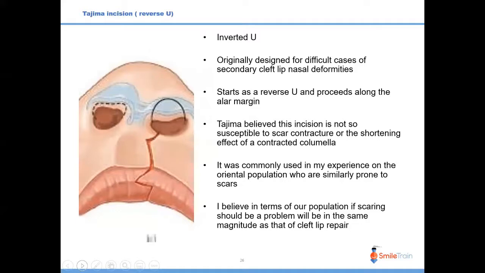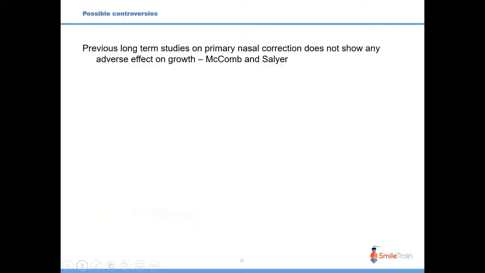In my experience, it was used commonly during the one-year fellowship on the Oriental population, who are also prone to scars and keloids like we are, but that was not a problem. They did not see contractures and scars were not common. Now, in our population, if scarring should be a problem at all, because there are not enough studies to conclude, I believe it will be of the same magnitude as that of the cleft lip repair, because there are tissues around the same region.